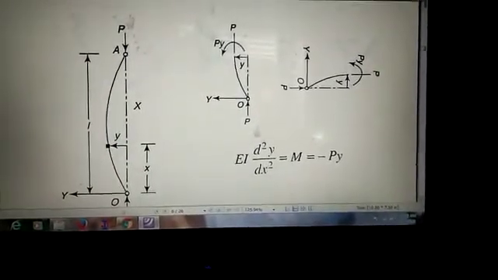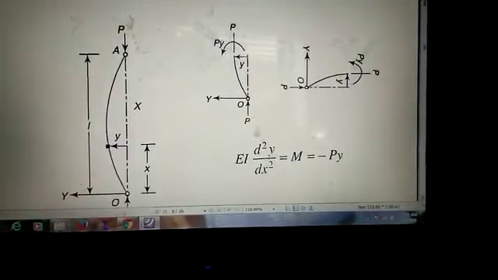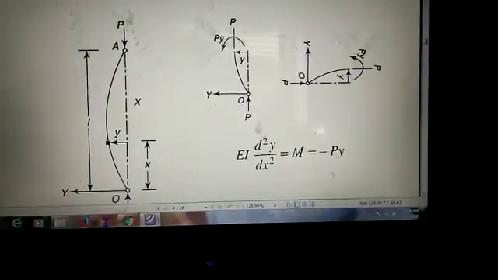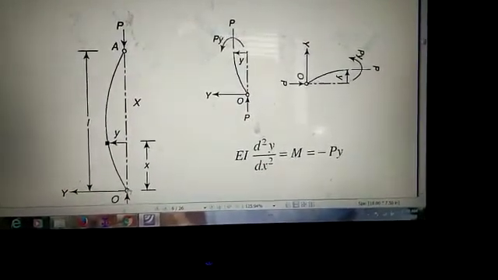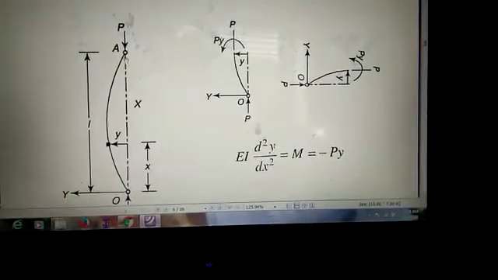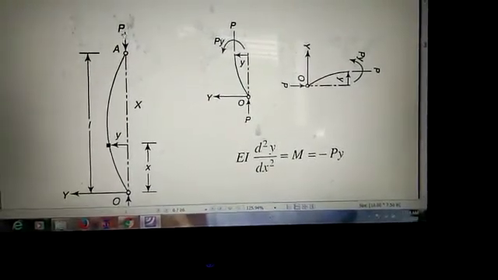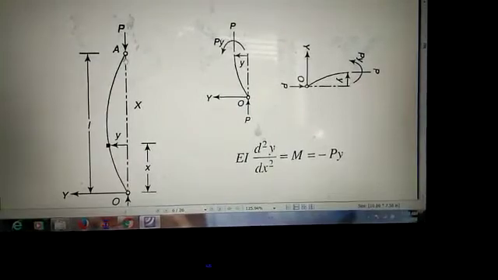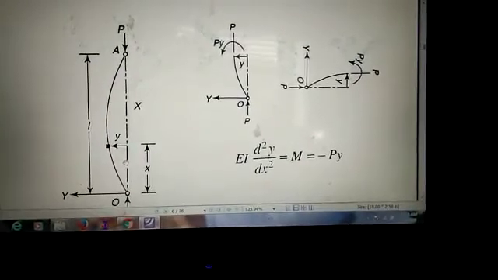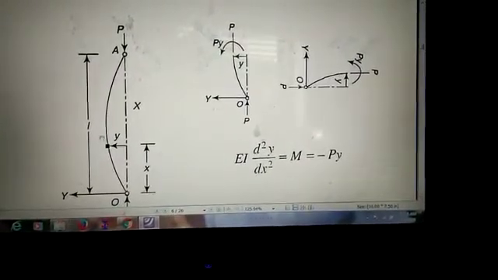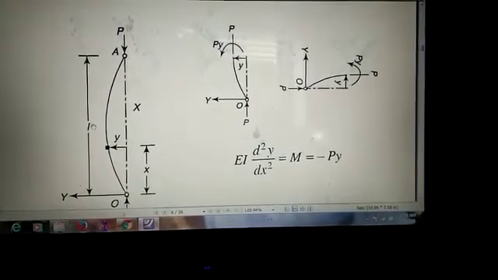Here is a column AB. This is the column AB in which the axial load P is applied. This is the length of the column, which is denoted by small l.